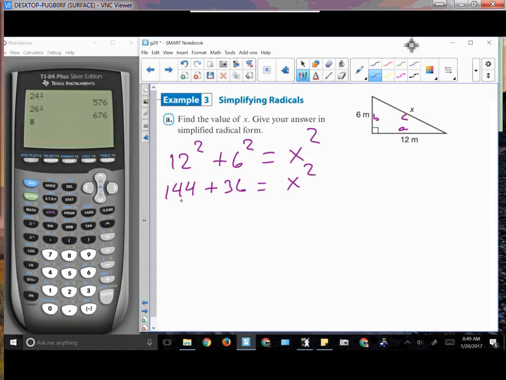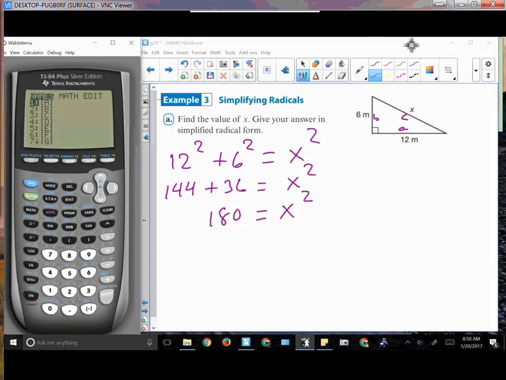So 144 and 36, I add those together and I end up with 180 is equal to x squared. Correct? Now, if I try and take the square root of 180, I end up with this weird looking decimal. We do not want this to happen.